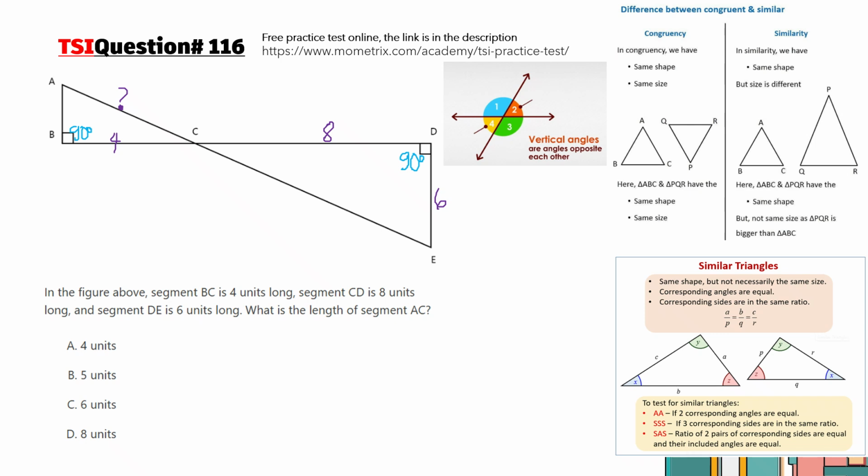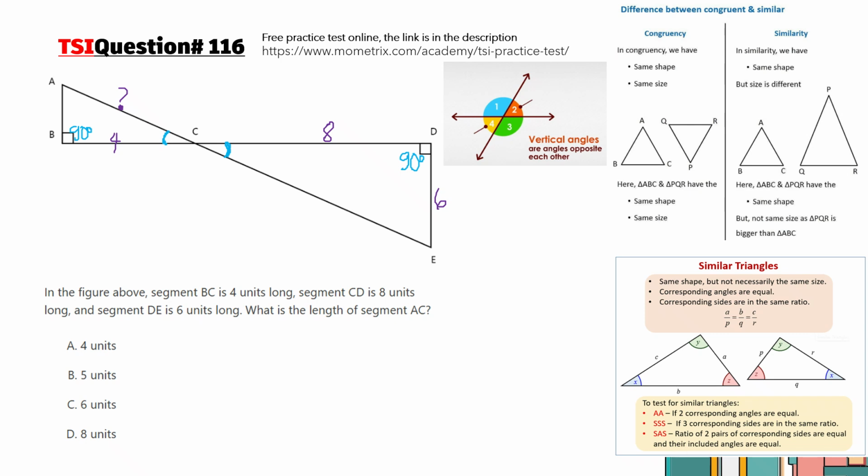Also, we see the vertical angles ACB and ECD are equal, because the angles opposite each other will be equal to each other.